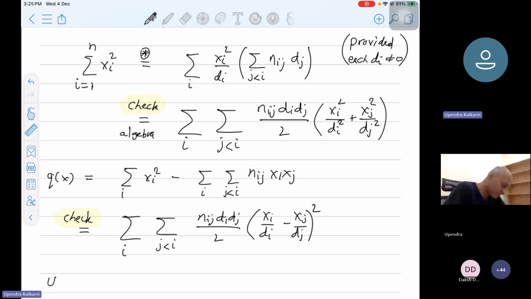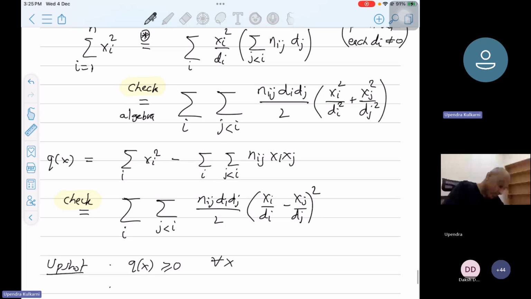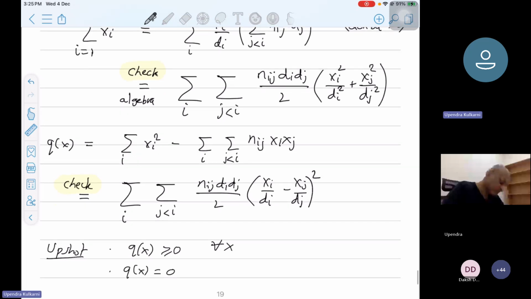So upshot, q of x is greater than or equal to 0 for all x. When can q of x equal 0 happen? If q of x is equal to 0, then every square has to be 0, no? But that just means that all of these quantities xi by di and xj by dj have to be equal to each other.